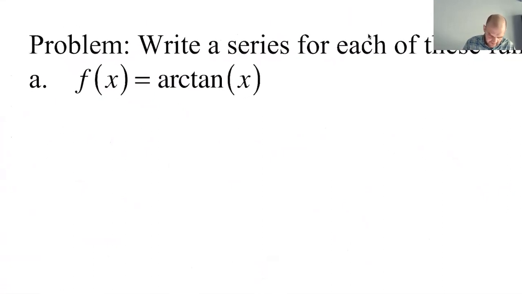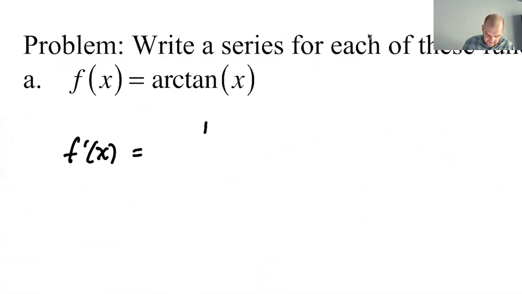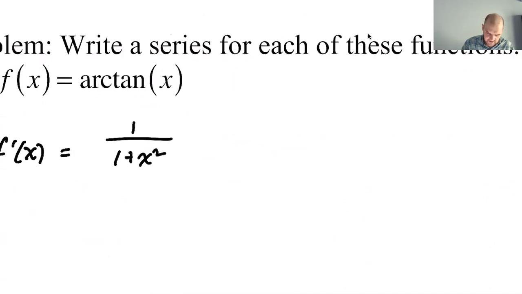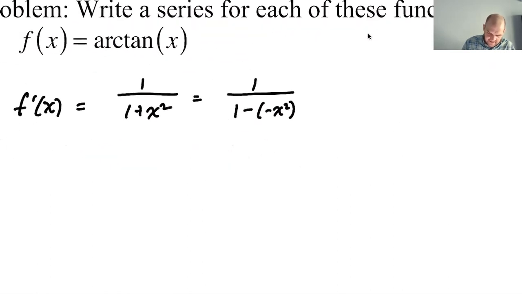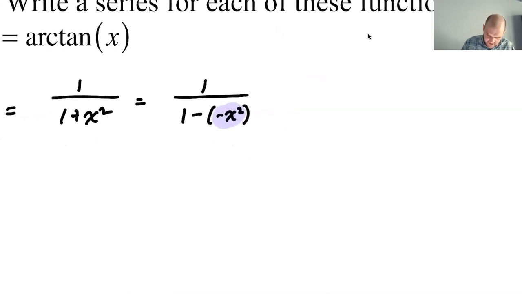Let me take the derivative. So f prime of x, because the derivative of arctan looks very much like a geometric series, is 1 over 1 minus negative x squared. Okay, if that's the case, then I see r is negative x squared, and I can write a series for this.